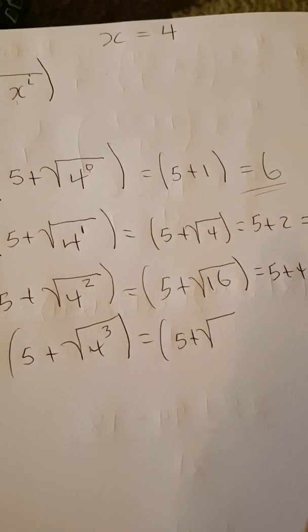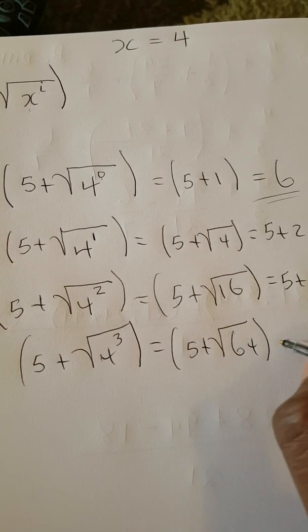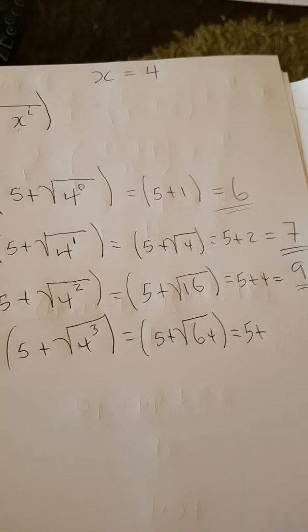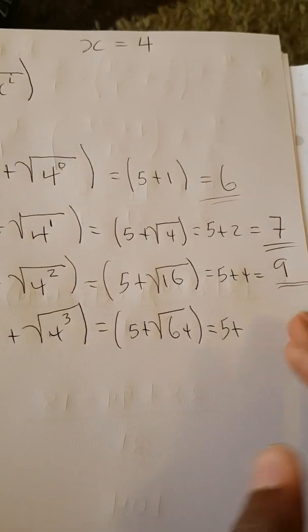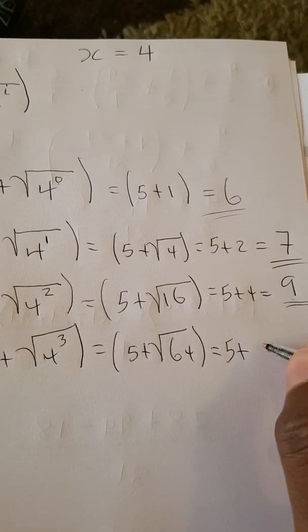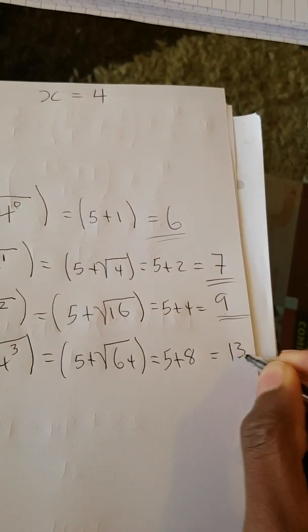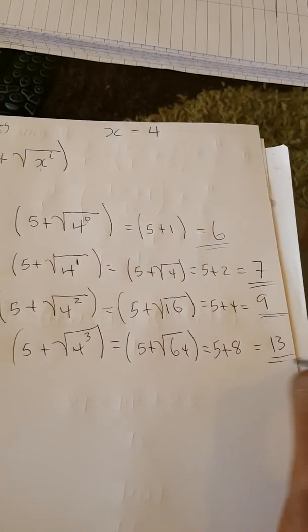It's 64. Close bracket, is equal to 5 plus, what is the square root of 64? The square root of 64 is 8. So you're going to say 5 plus 8 is equal to 13. Remember, this is a summation, so you need to add these totals.